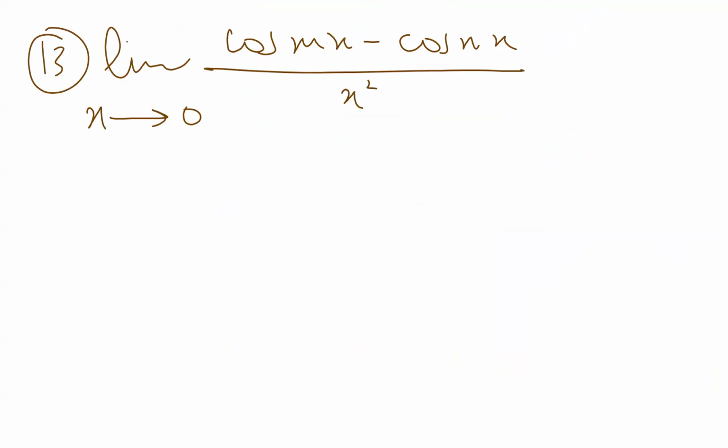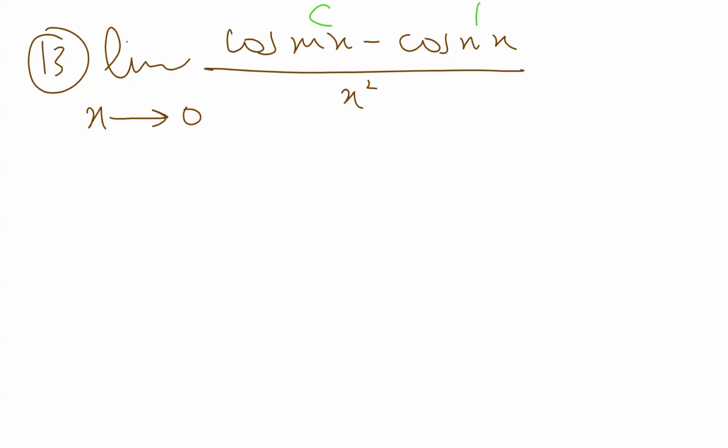Now guys, there is cos. We cannot apply any formula for cos. The formula is applicable only for sine and tan. So we'll apply the factorization formula. Cos c minus cos d.